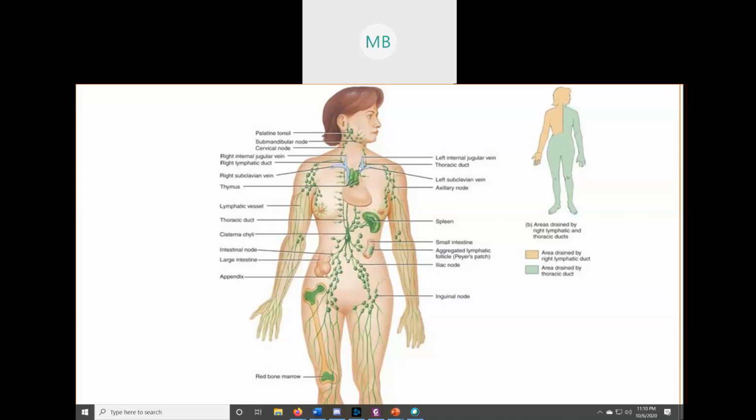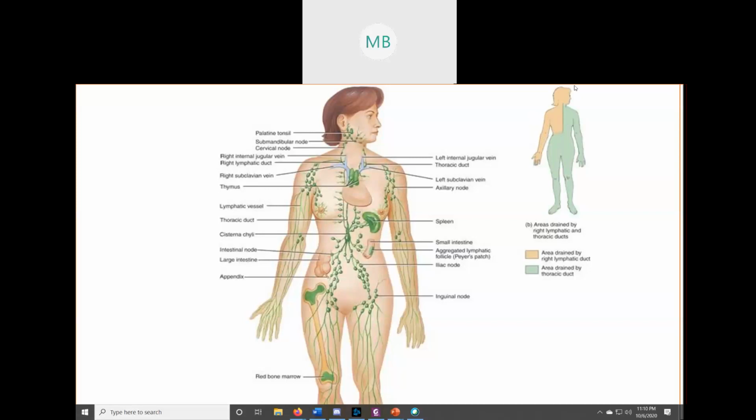The weird thing about this drainage system in your body that you should know is that the right lymphatic duct only collects the lymph from the right side of your torso and arm, and your head, and that's it. So basically it's your head, and if you're waving your right arm, the shoulder region.